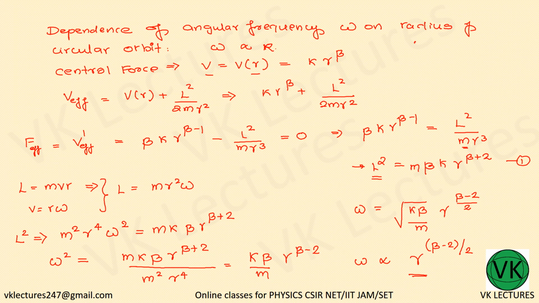For example, if V is equal to k r to the power 4, then omega will be proportional to 4 minus 2, that is 2, 2 by 2, which is 1. So omega is proportional to r. So this is the idea.